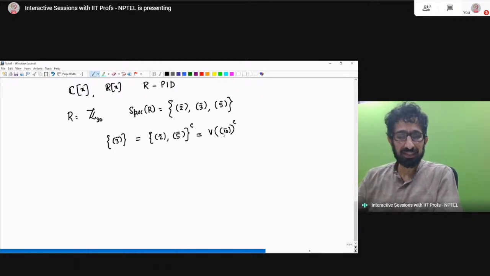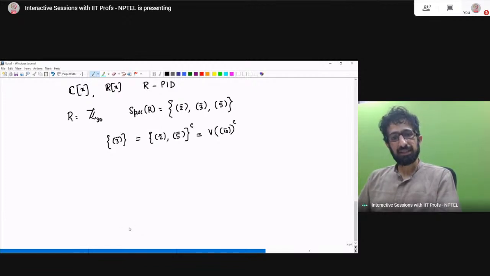So any singleton is open here. 3 is one such example. You can take any of them. Therefore, this is a discrete topology. Therefore, you take any two points, you can separate them by open sets. Therefore, this is an example of a Hausdorff Spec R.